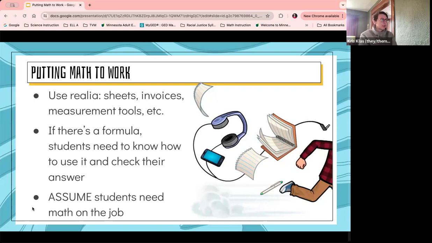for questions and discussion, is again, going back to what we talked about earlier in the job shadowing or talking to employers and employees, making sure that you are using realia and tools, forms, invoices, things like that, that the students are using, so that once you've built up that math task, it has that connection to the workplace.